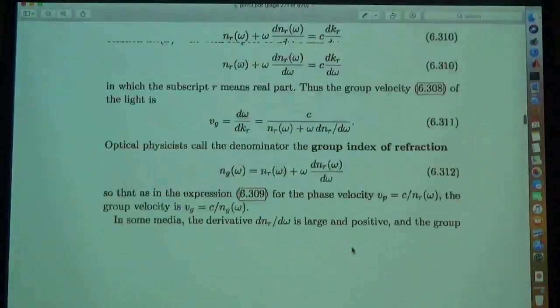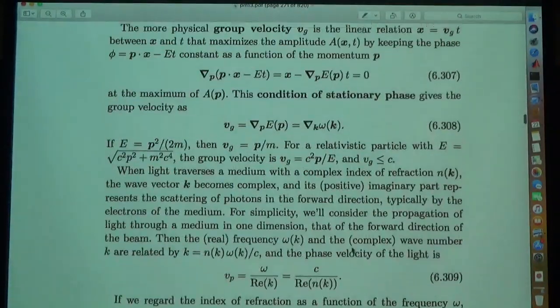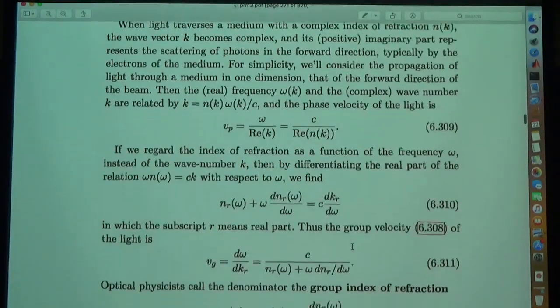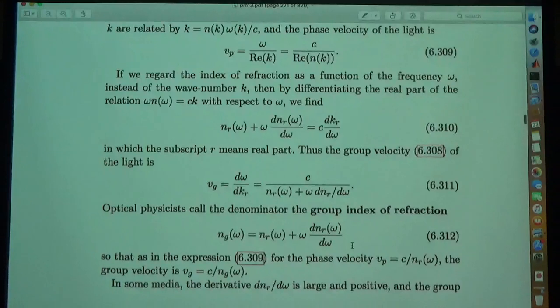Now, what I can do is sketch this for you in just a few minutes, namely that one can take this complex index of refraction and think of it as a function of the frequency omega, instead of as a function of the wave number k.